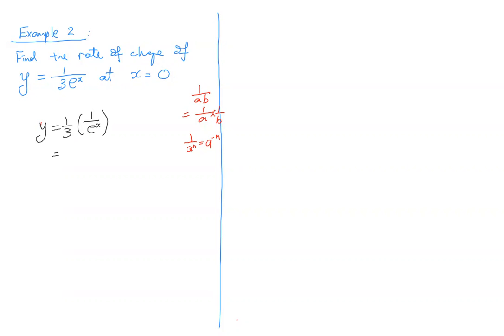I want the rate of change, so I can find the derivative. If I write in this form, I can use this formula. Can I use this formula? I cannot yet, because I didn't write in this form.